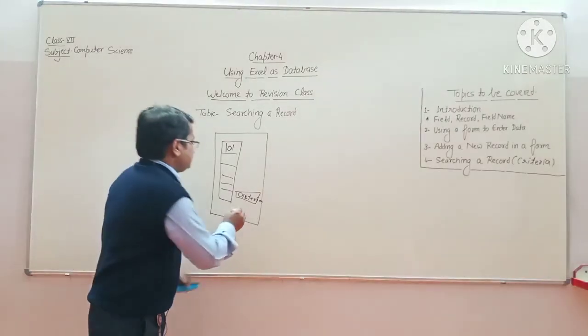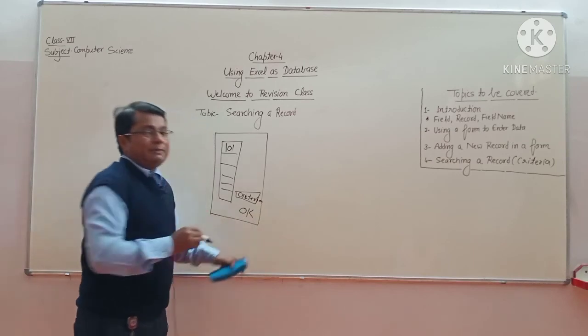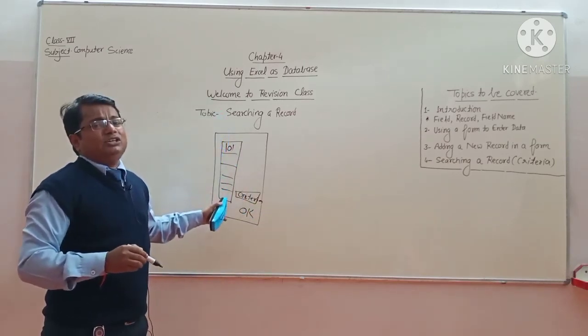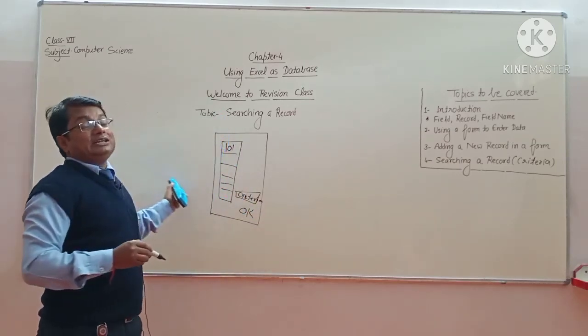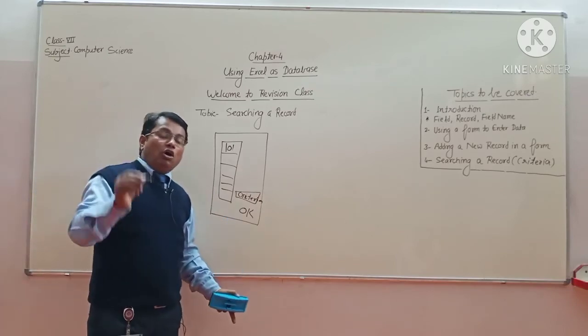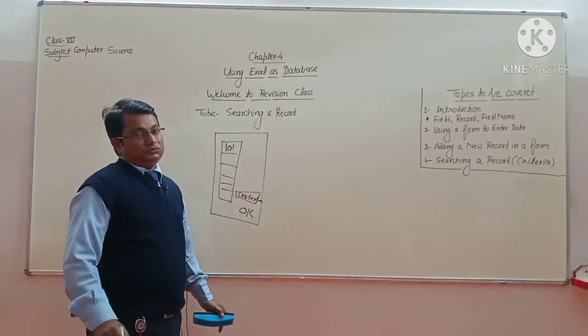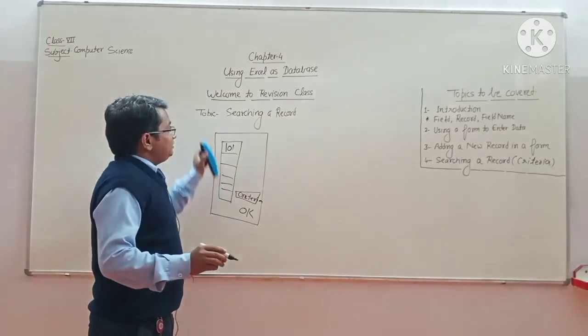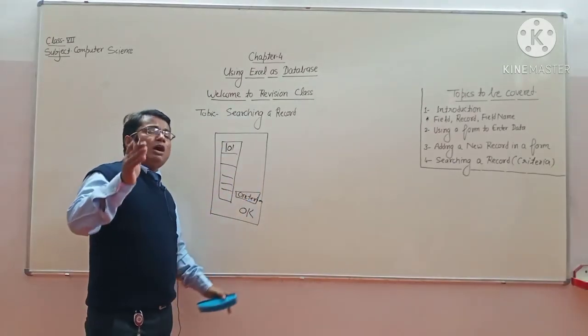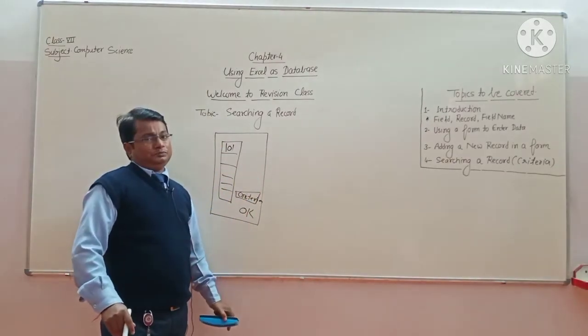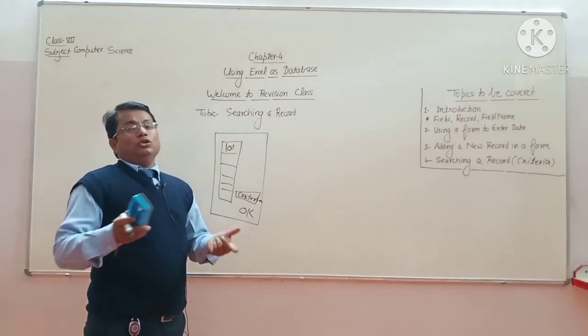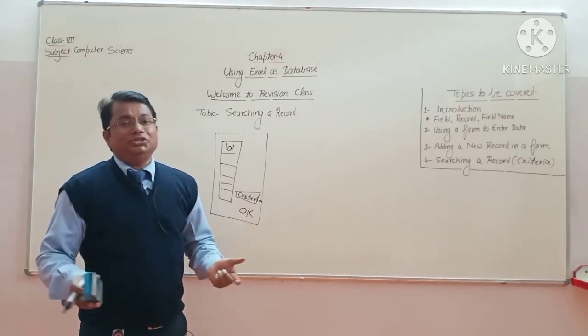After entering, just click on the OK button. You are able to easily find your data, and that data will also be selected on the Excel sheet. Right? So I hope, students, searching a record has become very easy for you. I hope each and everything is very much clear to you.